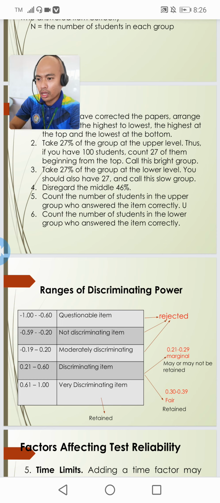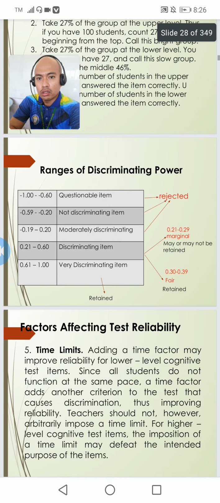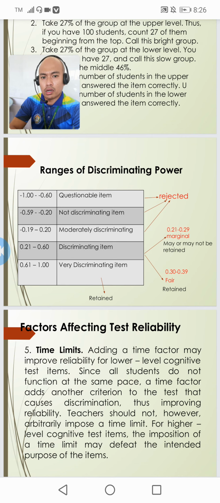Okay. Now, for the interpretation of the indices, we will be focusing on these ranges of the discriminating power, which is in the next slide presented. So these are the possible values of the discriminating power.